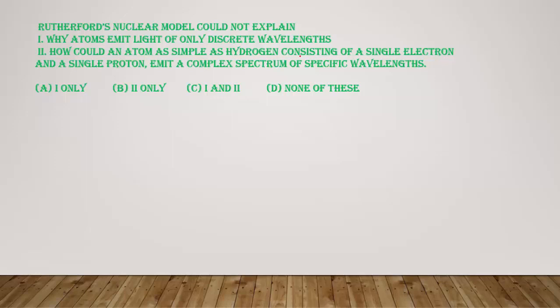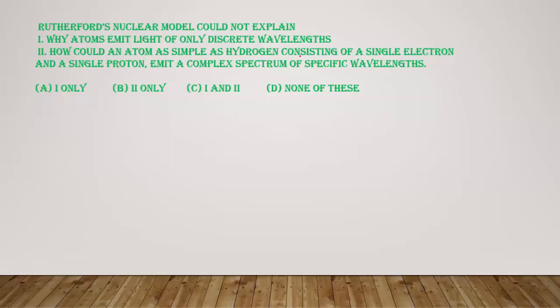The first statement is, atoms emit light of only discrete wavelengths. The second statement, how could an atom as simple as hydrogen, consisting of a single electron and a single proton, emit a complex spectrum of specific wavelengths?